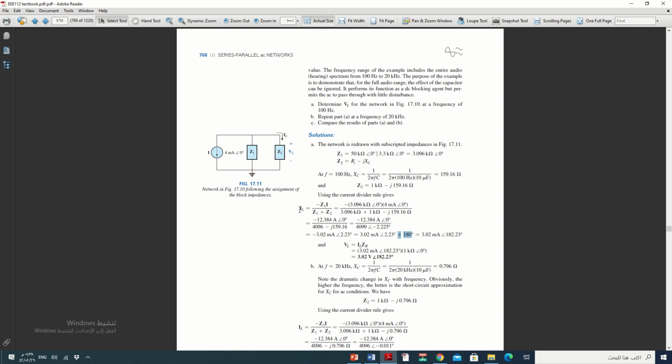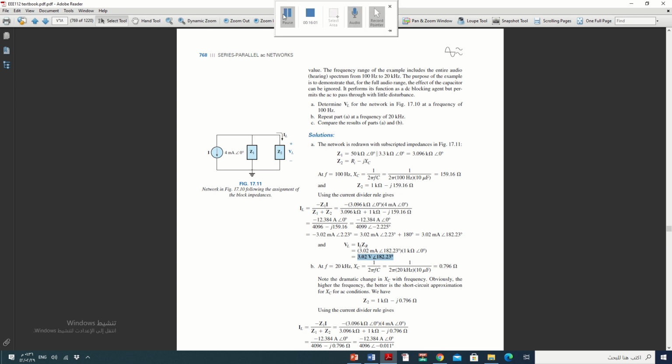This is the first IL with the frequency 100 hertz. Now we will multiply IL by Z2. You will get VL by substituting. Okay, this is the answer.